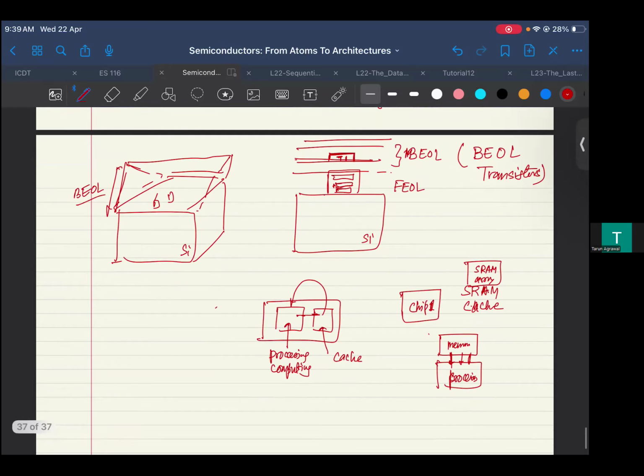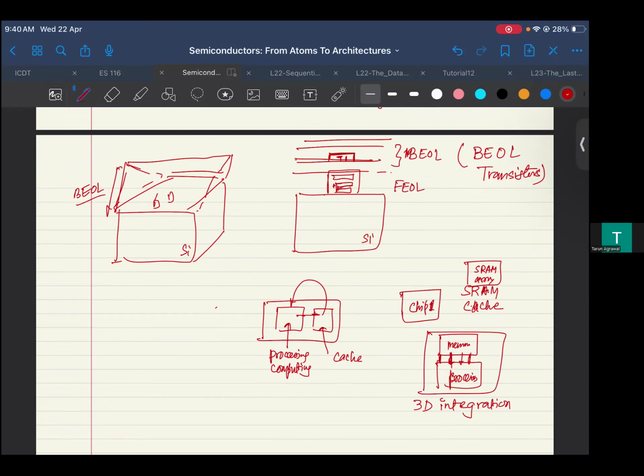That is what people are also exploring, which is 3D integration, because now you are integrating different chips, let's say a processing chip and a memory chip, on top of each other.